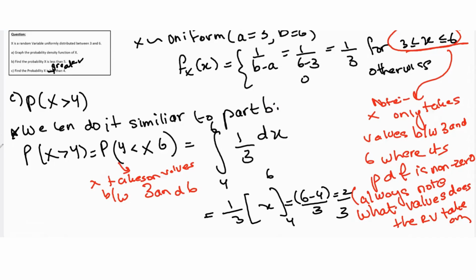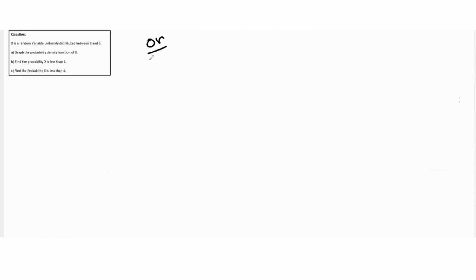We also talked about in part B another way we could do it: we could just look at the graph of the PDF. As we know, the area under the PDF gives us probabilities, and the area under the PDF of a uniform random variable is just the area of a rectangle.